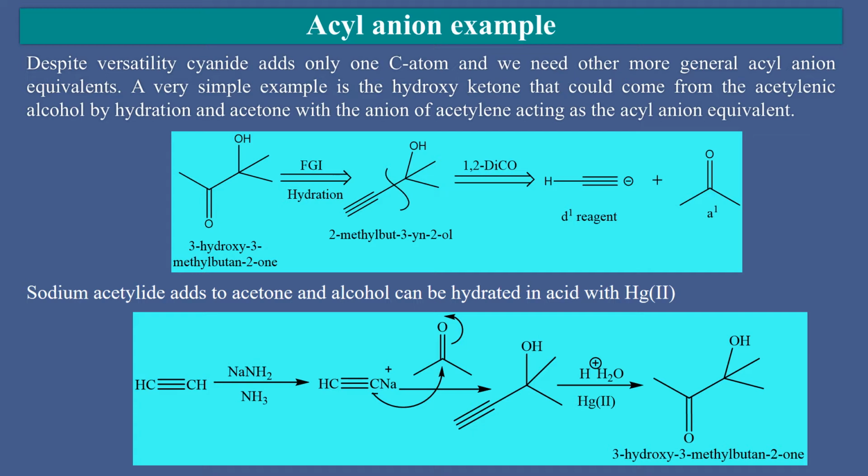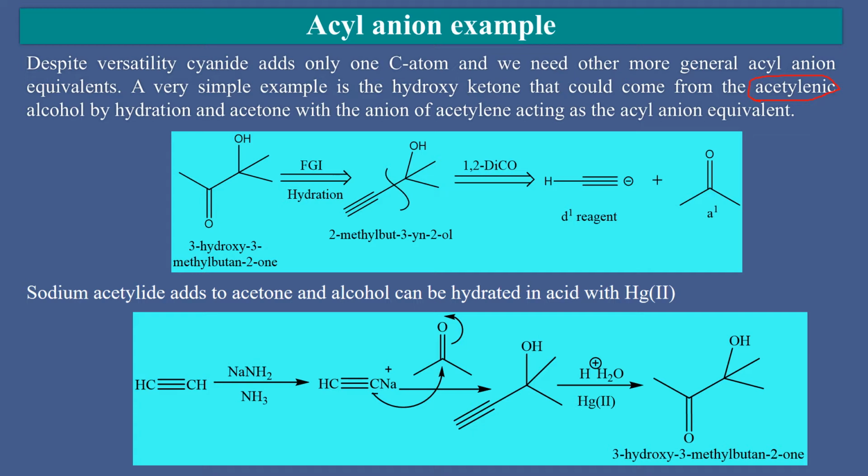So another alternative is the use of an acetylenic reagent, as shown here. This alcohol can be formed by the hydration of acetylene, and the anion of acetylene acts as an acyl anion equivalent.